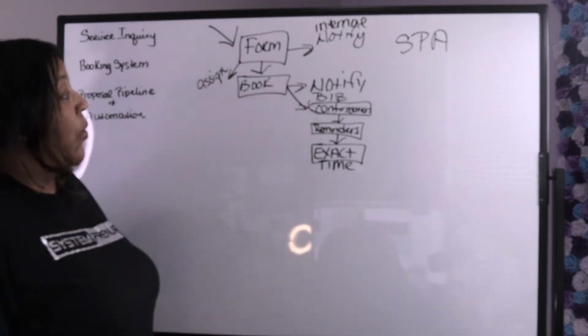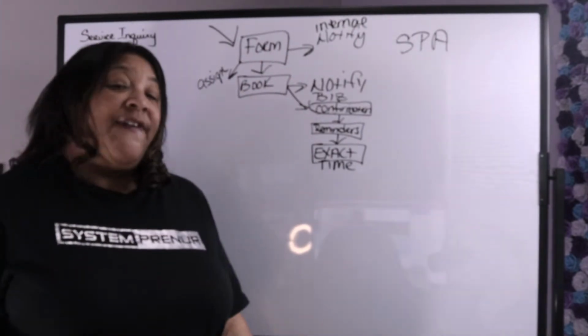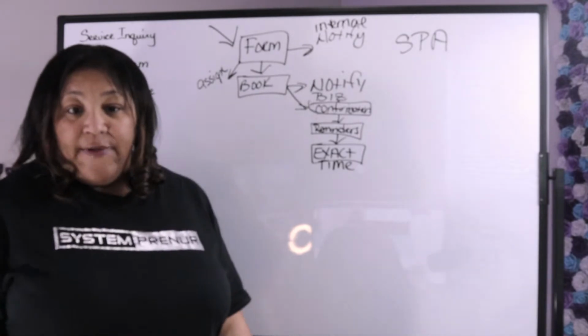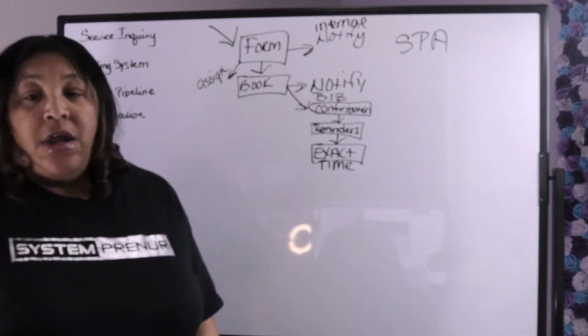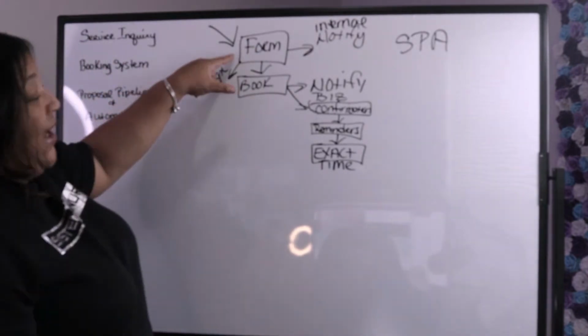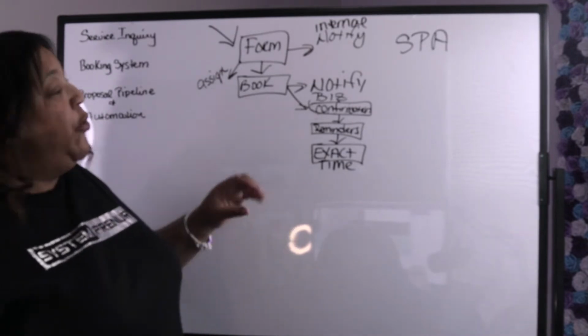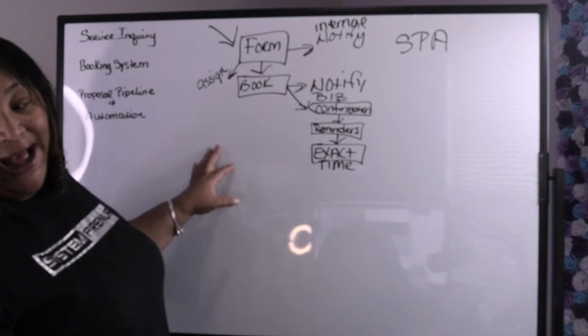Or what if one of the questions on this form disqualifies them from your service? Then we need to configure another automation for this step right here. So now we have another branch of automation that happens.